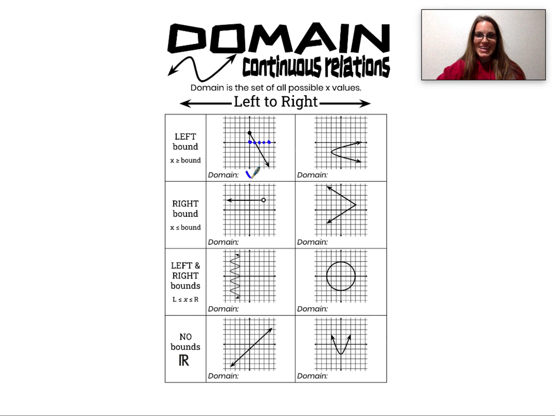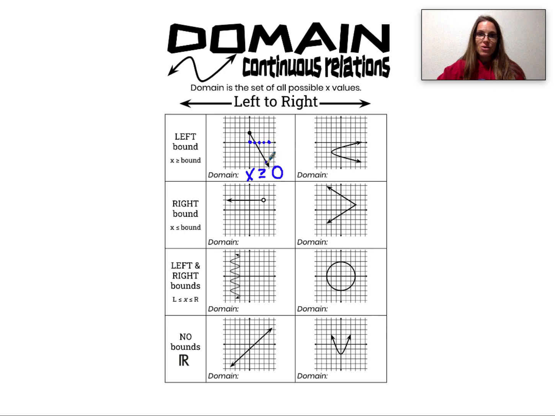What we're going to write is x is greater than or equal to 0. There is a point on this graph that has an x-coordinate of 0, and there is a point on this graph for every x value bigger than 0. This is the type of inequality statement we will be writing whenever there's a minimum value of x.